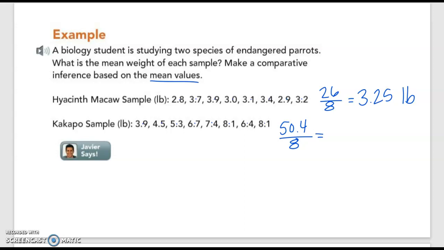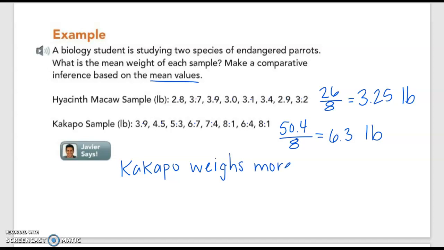When we divide, we get 6 and 3/10 pounds. So looking at this, we can go ahead and infer that the cockatoo weighs more than the hyacinth.